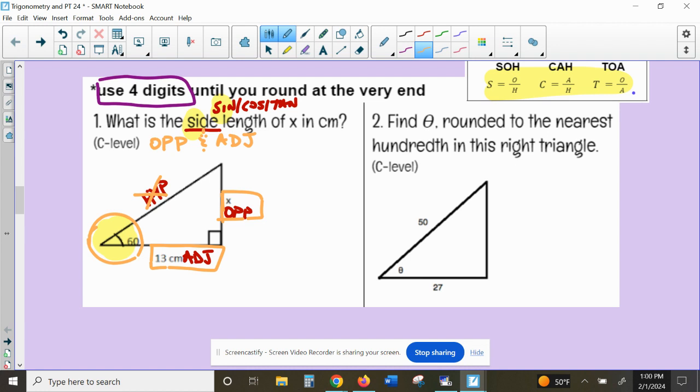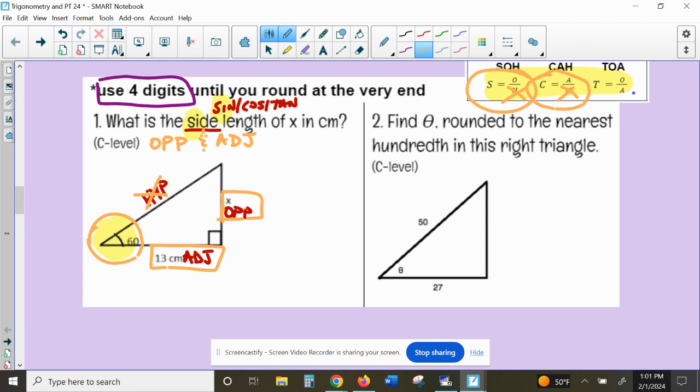Okay, so let's look at our options. We have opposite and adjacent. So do you think we can use sine? Why not? Because, look, it says opposite over hypotenuse. We don't have it, so we are not going to be able to use sine. Okay, let's look at cosine. Why not? Because we don't have this h, right?